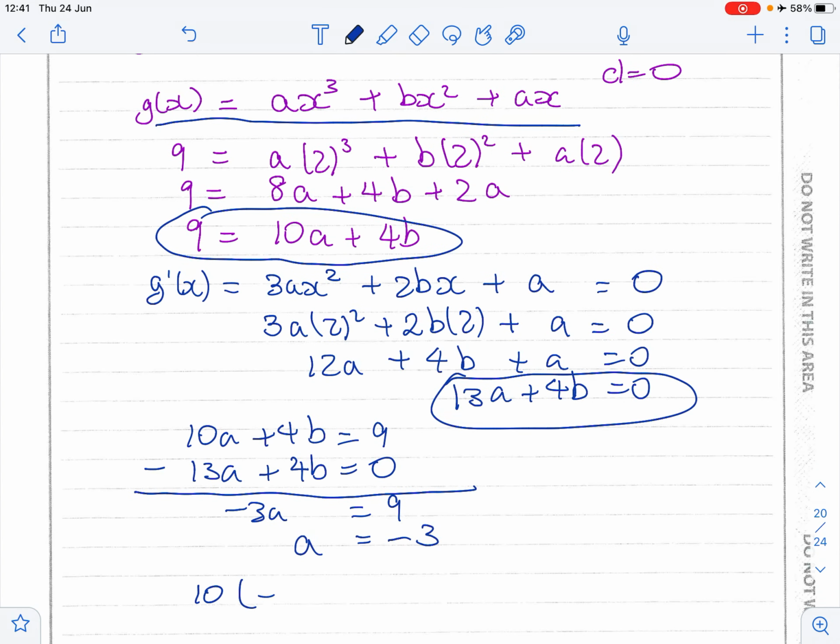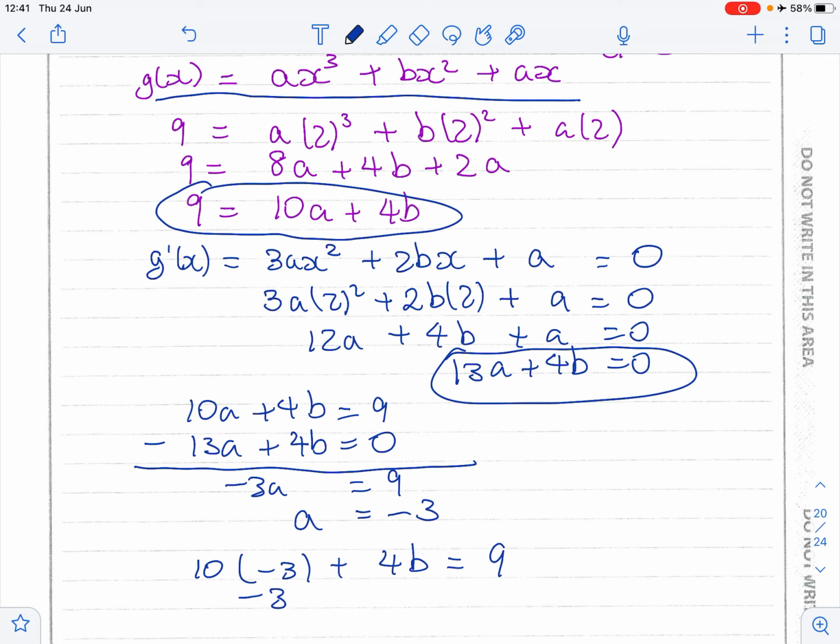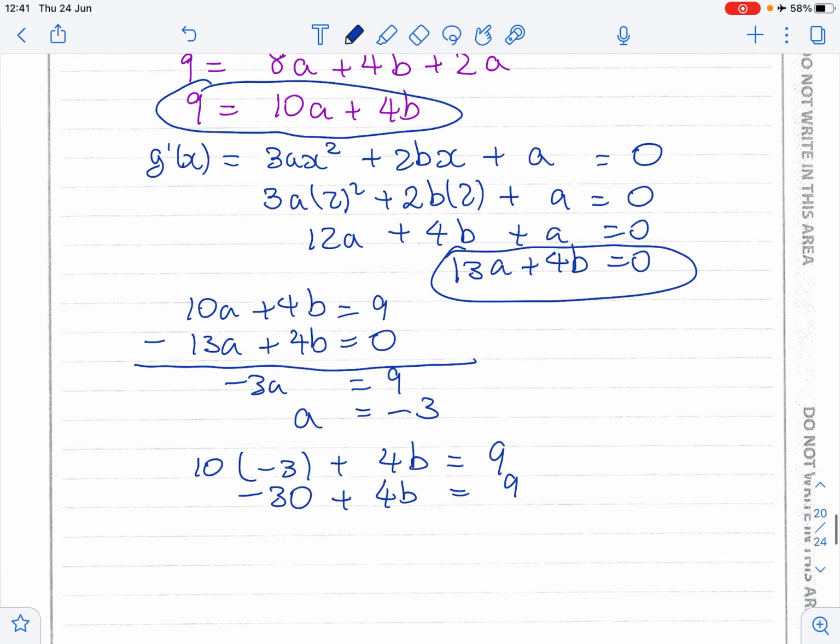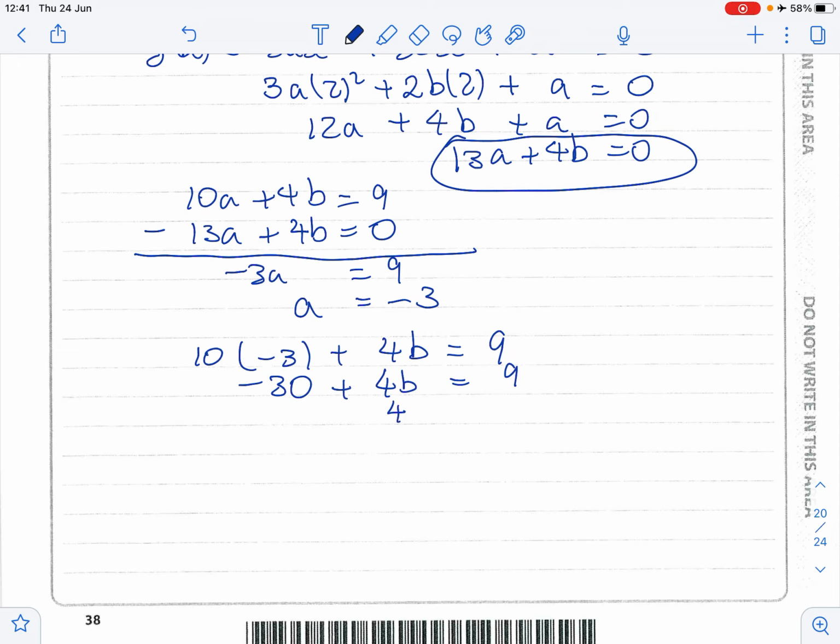So I have 10a plus 4b equals 9, so minus 30 plus 4b equals 9. And you have 4b equals 39. Therefore, your b is equal to 39 over 4.